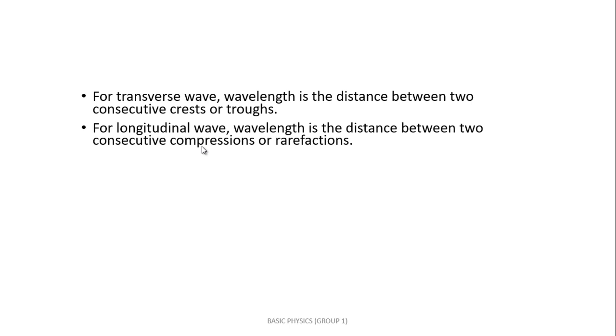Upper side is called crest and lower side is called trough. Similarly, for longitudinal wave, wavelength is the distance between two consecutive compressions or rarefactions. We can study these two topics, transverse wave and longitudinal wave, in detail in the next lecture.